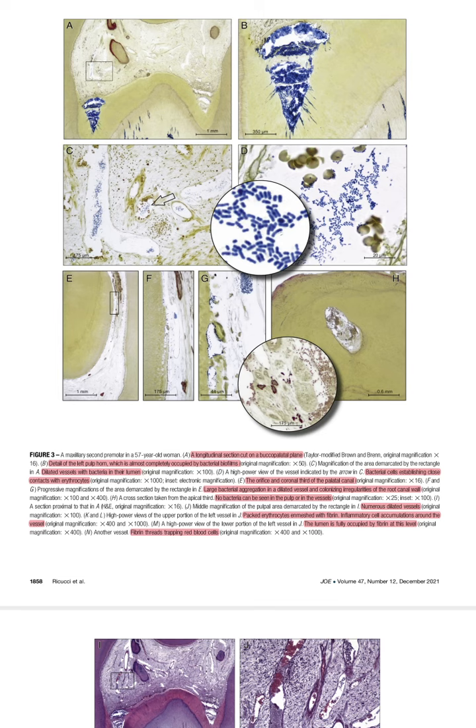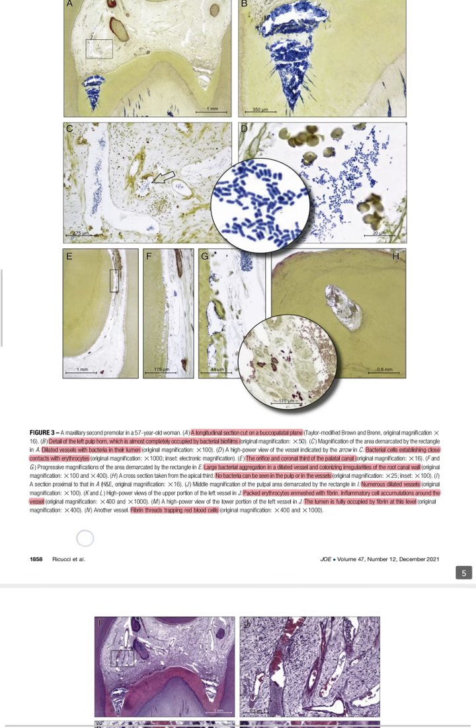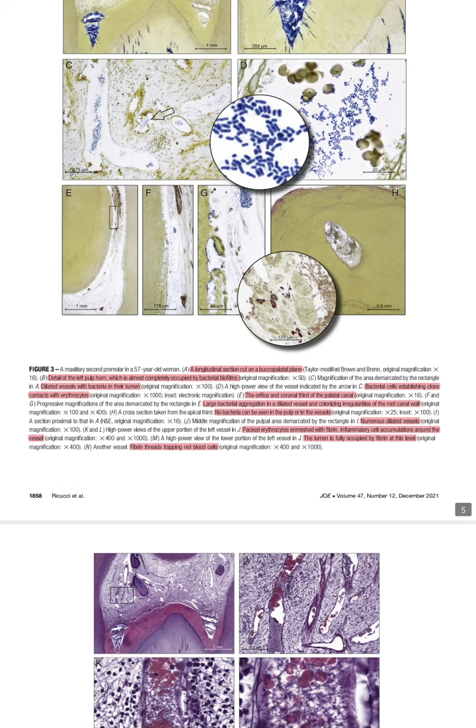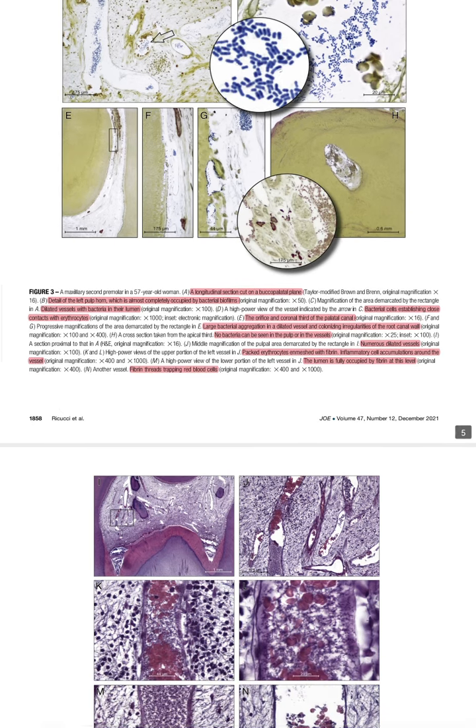Dilated vessels with bacteria in their lumen, bacterial cells establishing close contact with erythrocytes, the orifice and coronal third of the palatal canal, and large bacterial aggregation in the dilated vessels, and colonizing irregularities of the root canal wall.